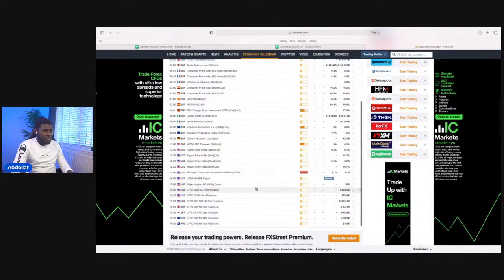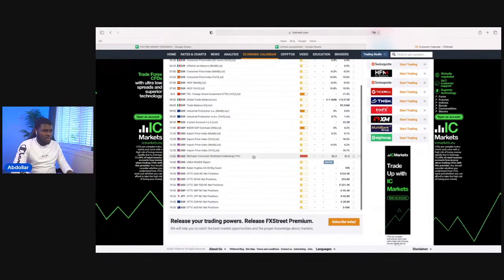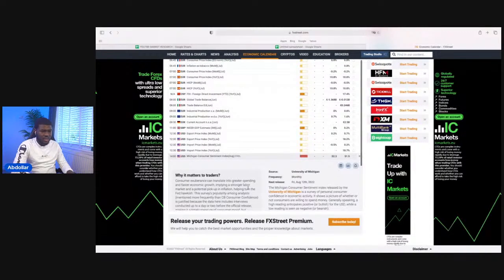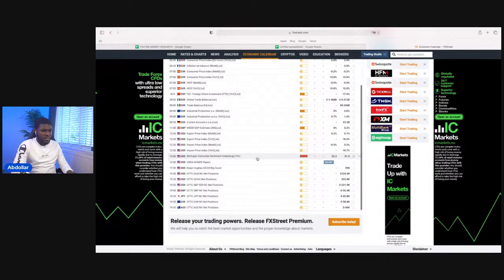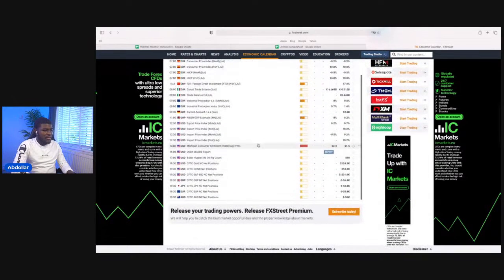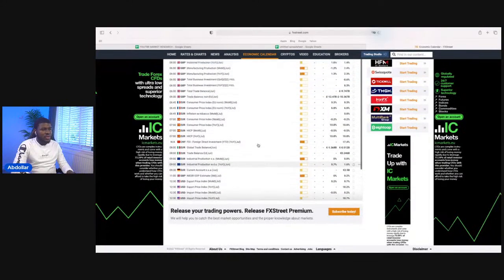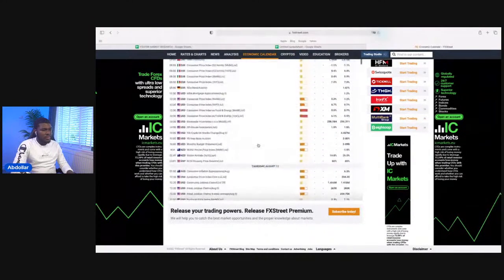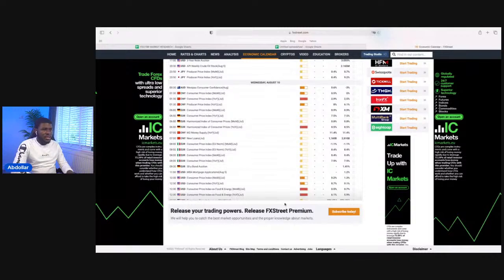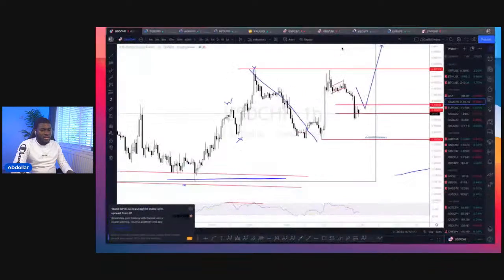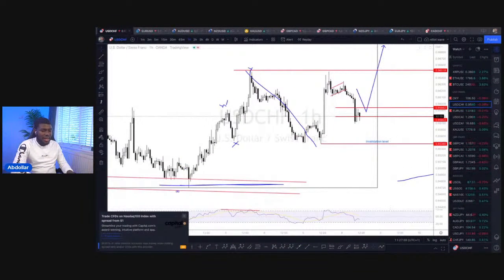2 o'clock, the Consumer Sentiment Index. That one is based on surveys. It's a survey of personal consumer confidence in the market for the United States of America. So that means this week is free of high impact news, and what this means is that there is a high possibility that market is going to obey technical big time this week.